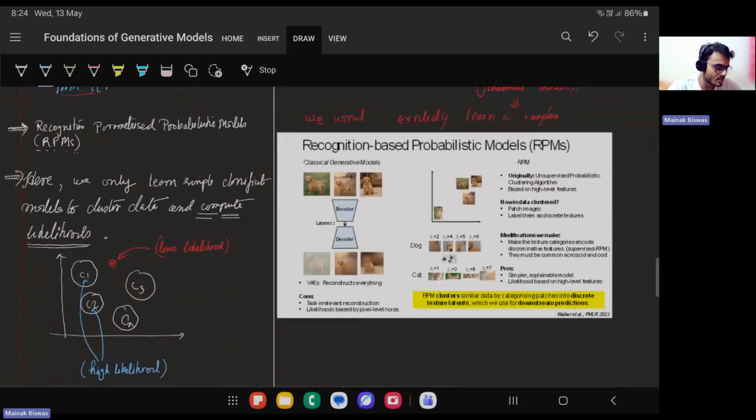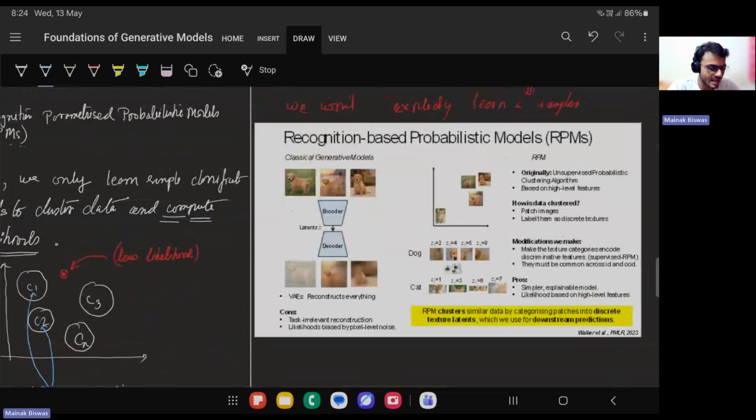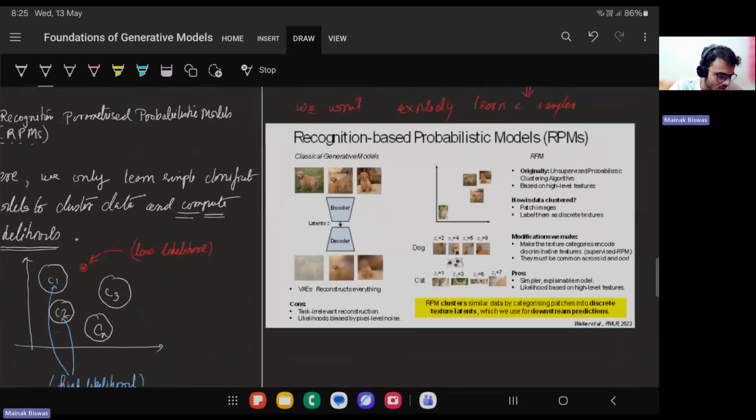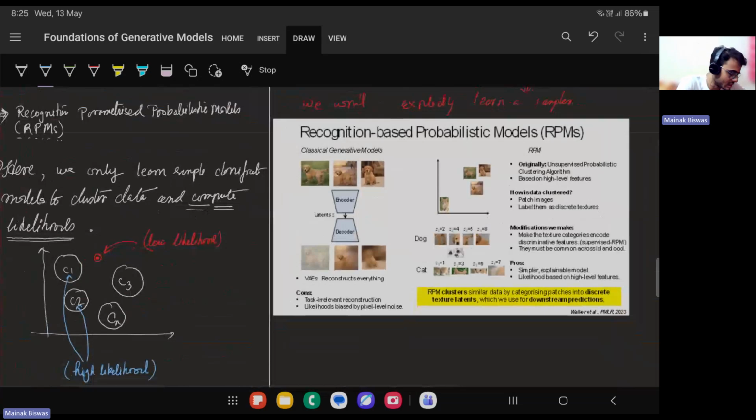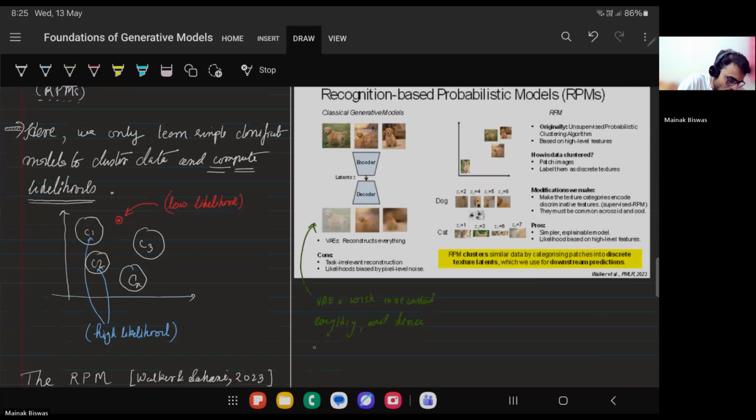So here, if you try to see the differences between RPMs and probabilistic models, it's not really very clear, but the thing that I want to take away from this is VAEs wish to reconstruct everything, and hence are often affected by small, irrelevant changes.